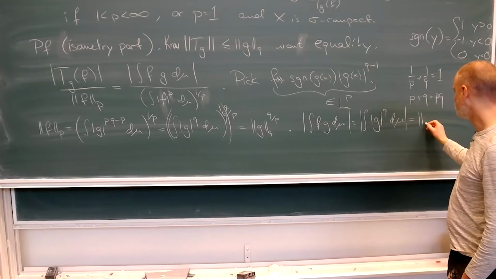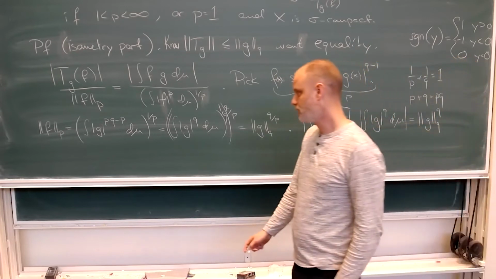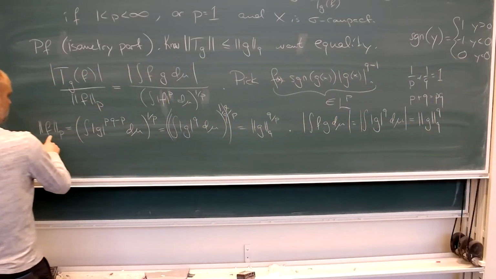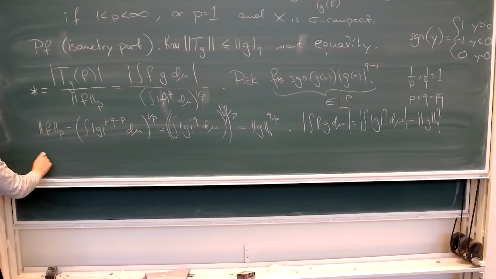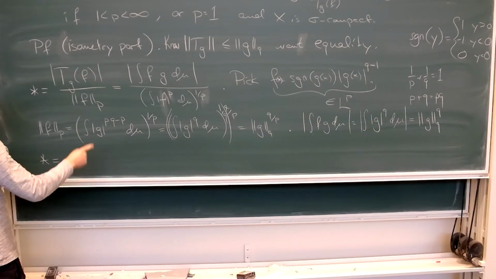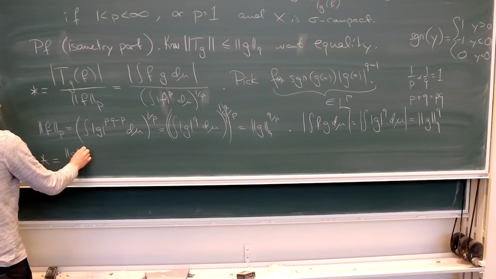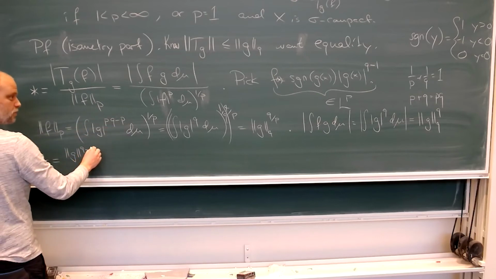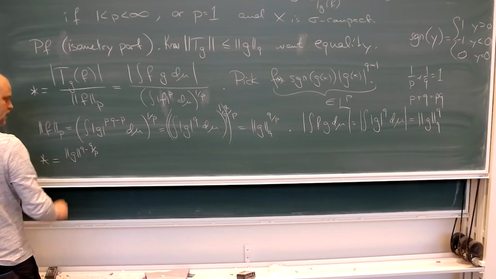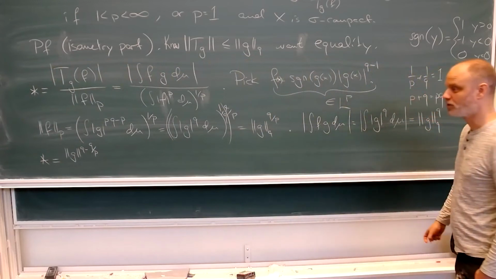So this is equal to the q norm of g to the power of q, right? So if I add this fact and that fact, I see that this thing here, let me call it star, for this particular f, star is equal to the norm of g to the power of q divided by that guy. So then I get minus q divided by p. And guess what? This is equal to what?